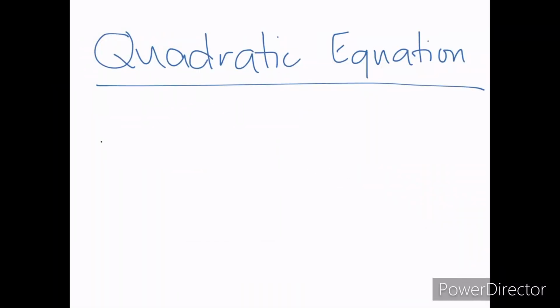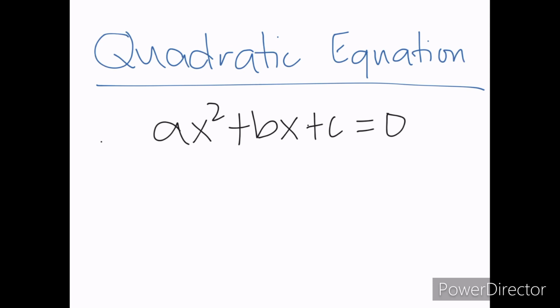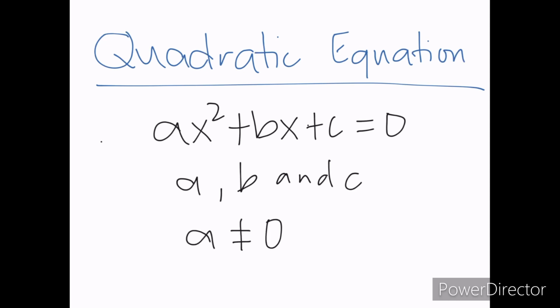Quadratic equation. A quadratic equation can be written in the form of ax squared plus bx plus c is equal to 0, where a, b, and c are real numbers, and a is not equal to 0.